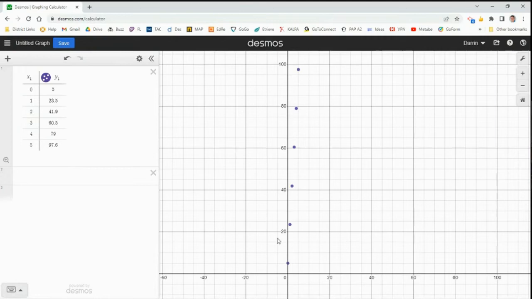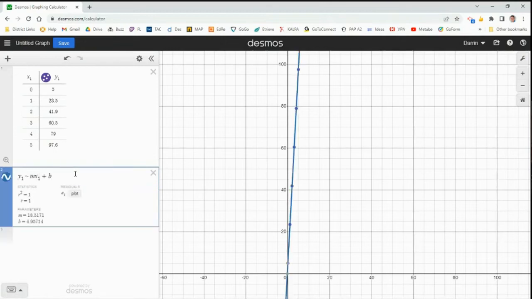So if we tell Desmos we want y1 tilde mx1 plus b, it's okay. We can do that. If you use this m, your slope is 18.5171, and your b is 4.9574.